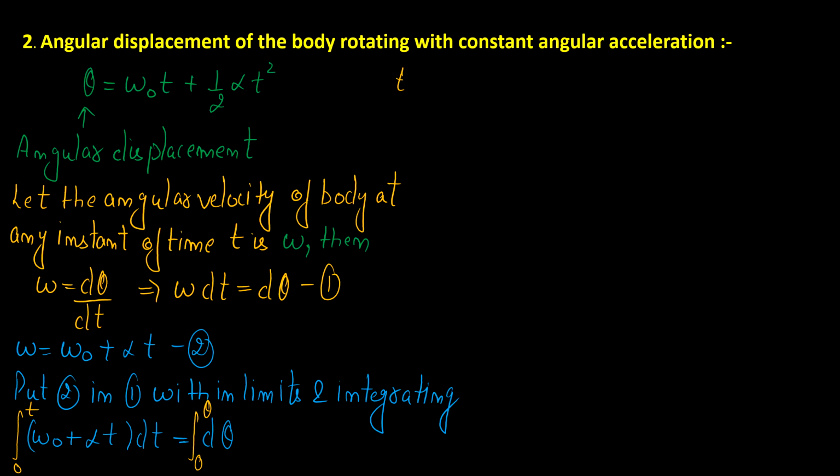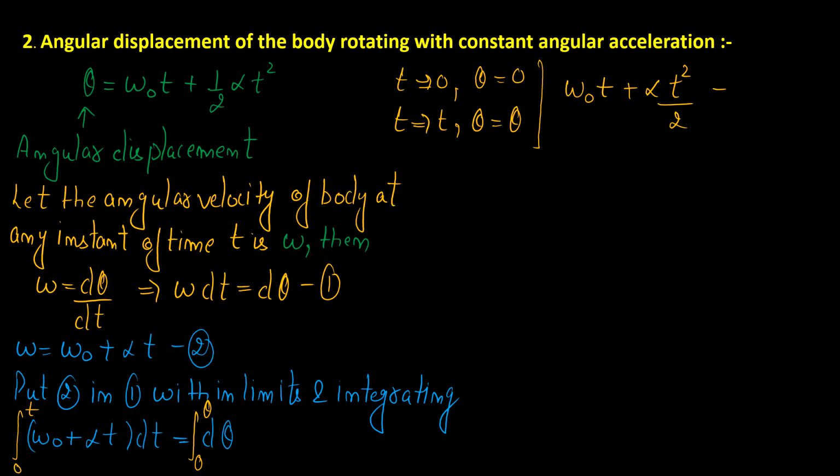Means when time equal to 0, displacement is 0. When time equal to t, displacement is theta. Then integrating, we get omega naught t plus alpha t square upon 2 equal to theta. Okay, I hope you understand this step.